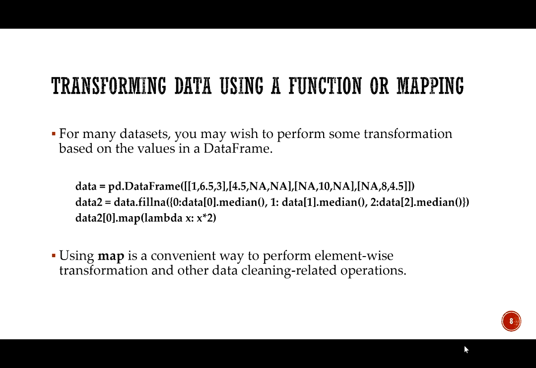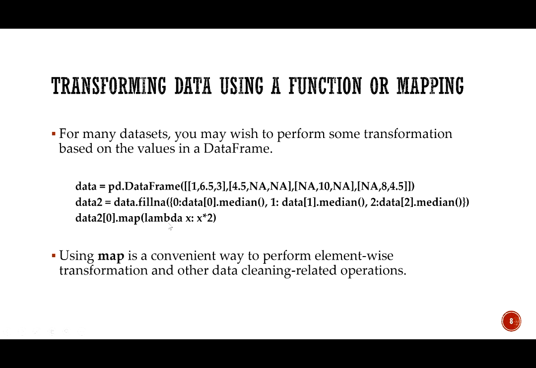So here you can see an example. First, we create a data frame using the dictionary with some missing values. First, we fill in missing values with median, and then we apply this function lambda. We have seen this before when we were discussing apply and lambda method.